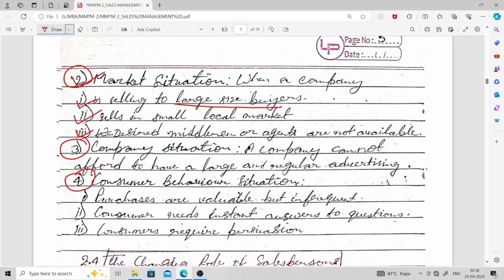So salespeople are required, so that they can provide the relevant information to the customers.